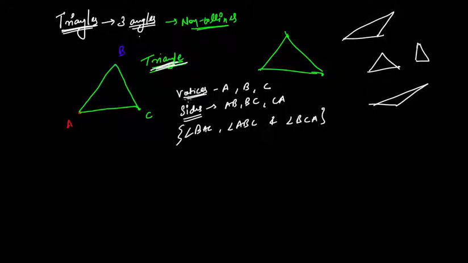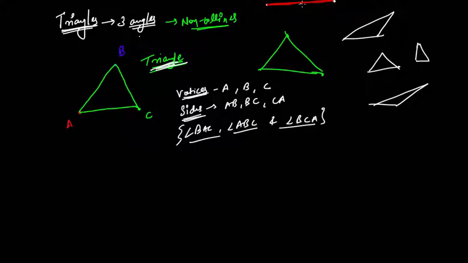So as we can see here, a triangle will always have 3 vertices, 3 sides, and therefore it will always have 3 angles, right? Now suppose I have 3 collinear points, say A, B and C. Can I ever get a triangle here? No, right? I can never get a triangle here because when I'll join them, say this is point A, this is point B and this is point C. When I will join them A to B, B to C and C to A, oh, this is just a straight line.